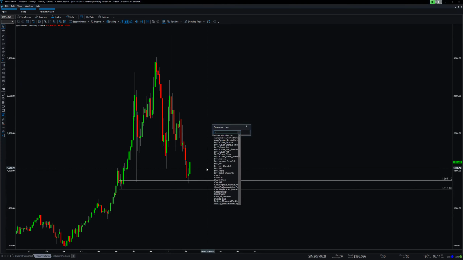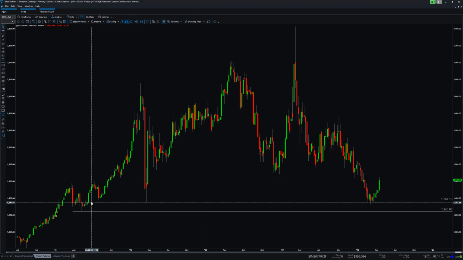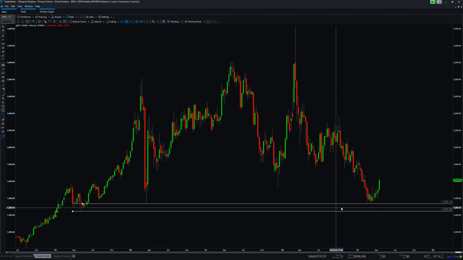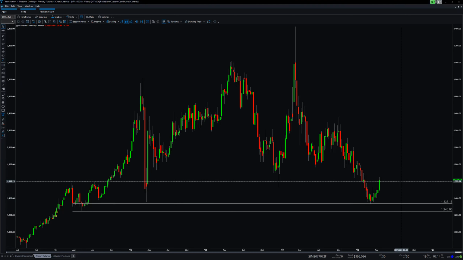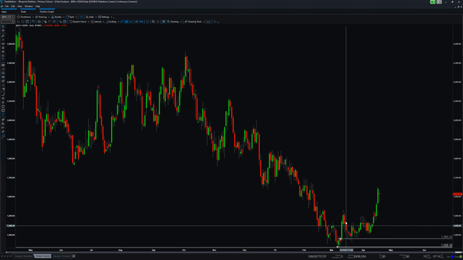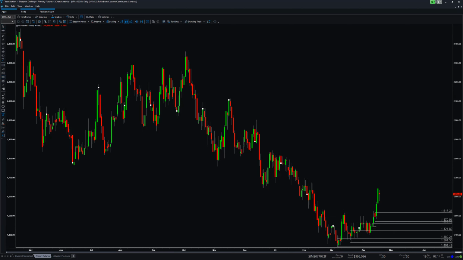We can trade the weekly demand, or we can then trade the daily demand, and then again the daily demand, and now again the daily demand that is being set up, right?